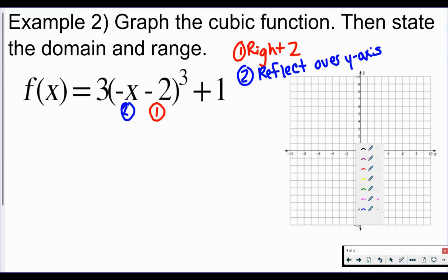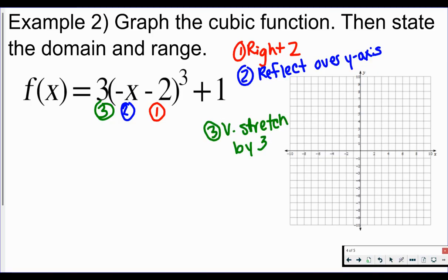Then we have the 3 on the outside, which is then telling us to vertically stretch by a factor of 3. And then we have the plus 1 at the back, which tells us to go up 1.